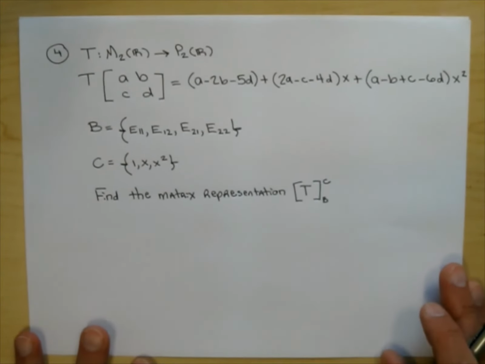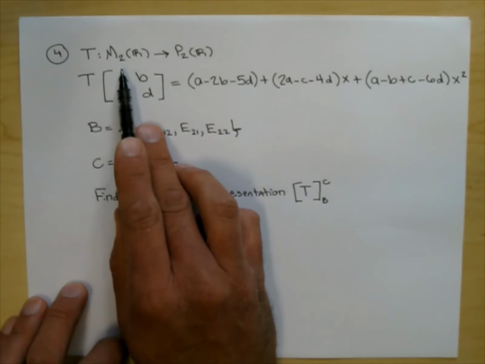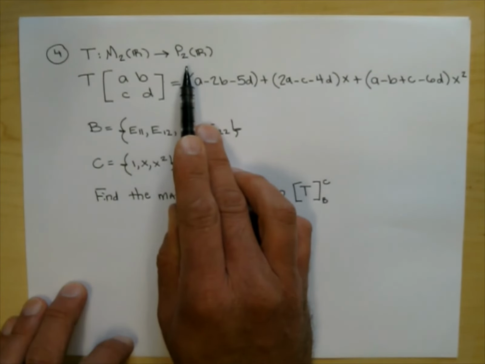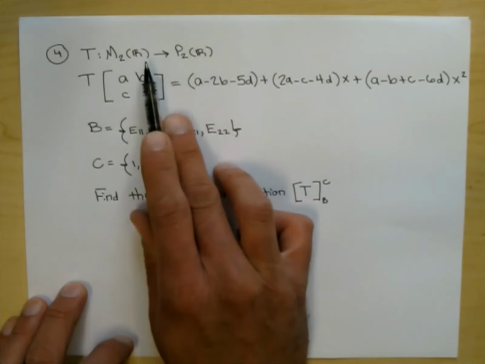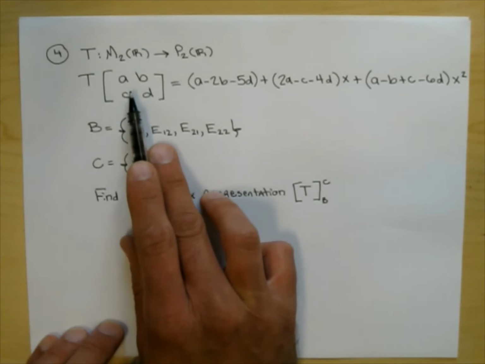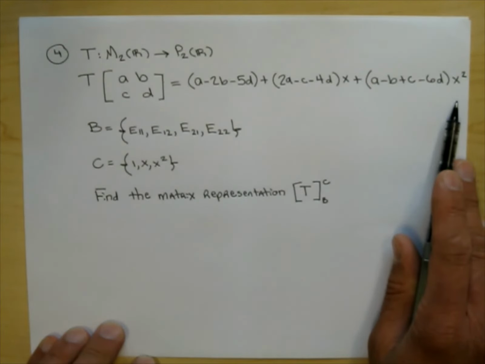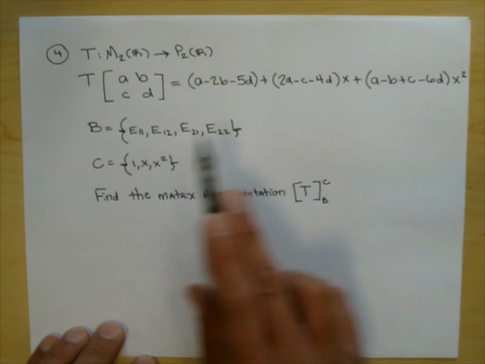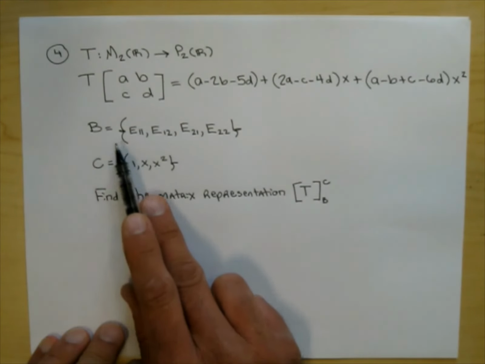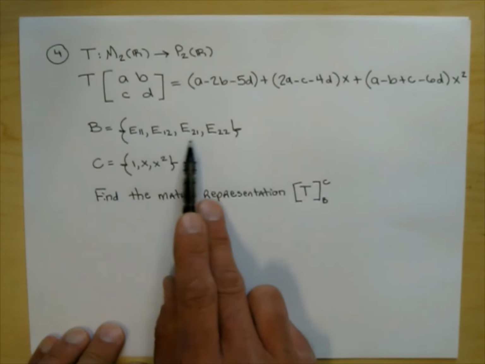So here it is. You've got a linear transformation going from 2 by 2 matrices to polynomials of degree 2 or less, with real coefficients and real entries in the matrix. Your linear transformation looks like this: T of [A, B; C, D] looks like that. You have an ordered basis for 2 by 2 matrices, E11, E12, E21, E22, what you might expect.